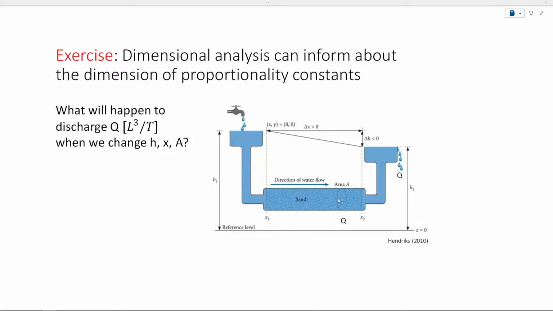Here, dimensional analysis can inform you about the dimension of a proportionality constant. What you see in this figure is Darcy's experiment. Darcy was a French engineer. He made a very important contribution to the area of hydrology and hydraulics.